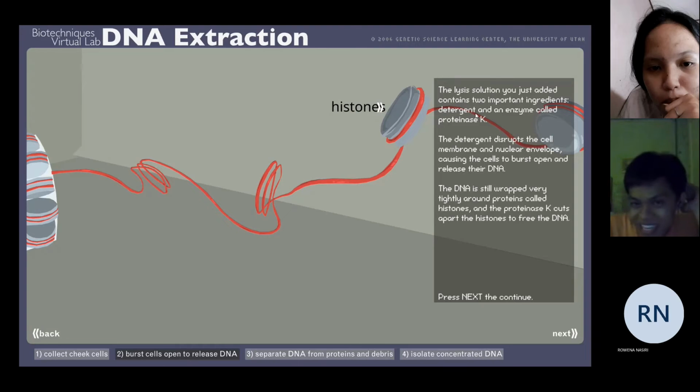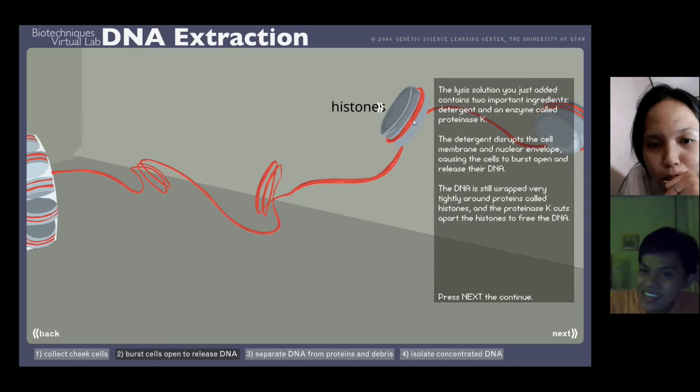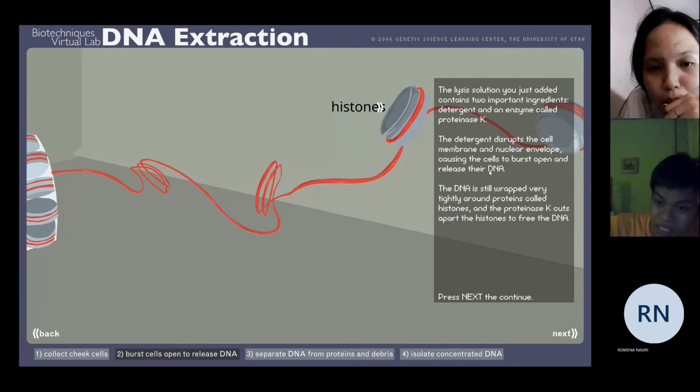The lysis solution you just added contains two important ingredients, detergent and an enzyme called proteinase K. The detergent disrupts the cell membrane and nuclear envelope, causing the cells to burst open and release their DNA. The DNA is still wrapped very tightly around proteins called histones, and the proteinase K cuts apart the histones to free the DNA.